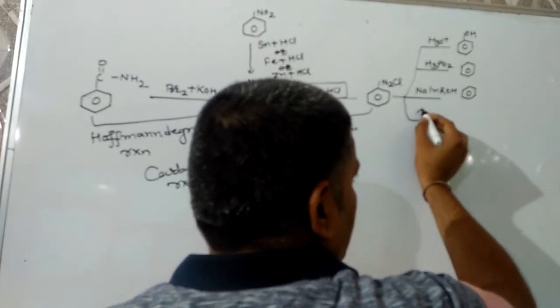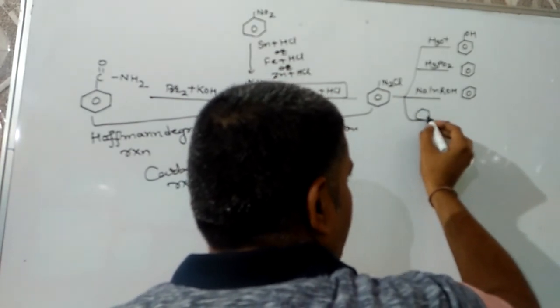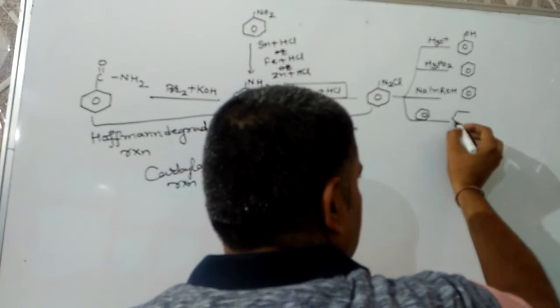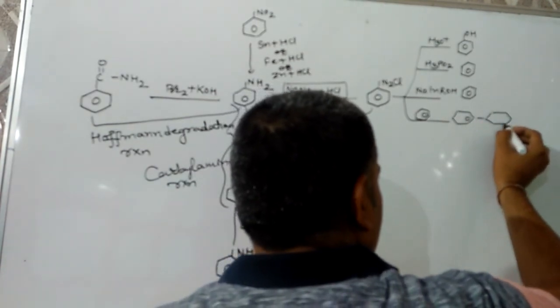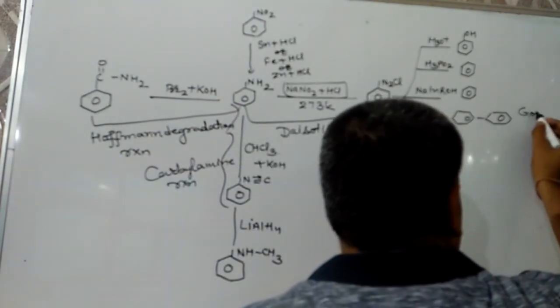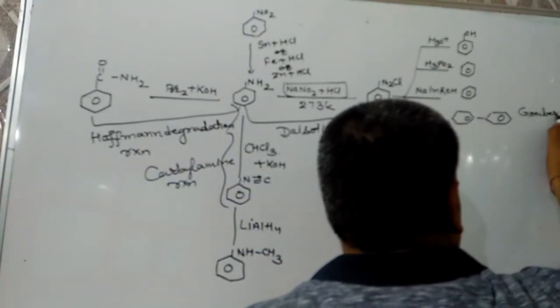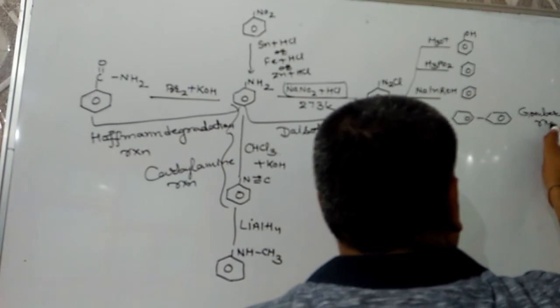If benzene itself is added to it, then we will get biphenyl as a product, and the reaction is known as Gomberg reaction.